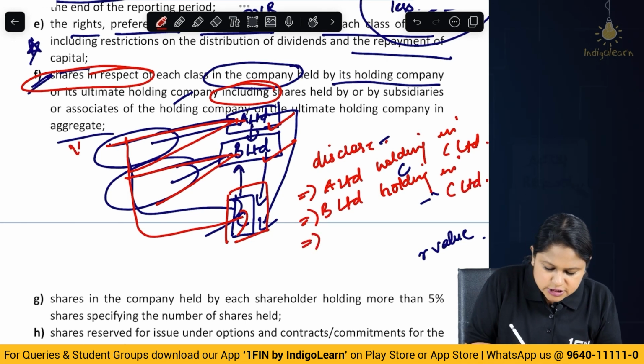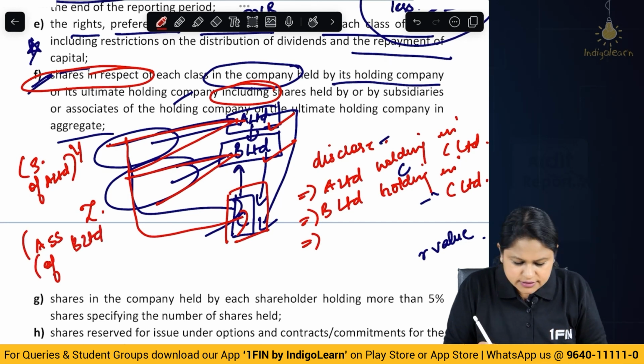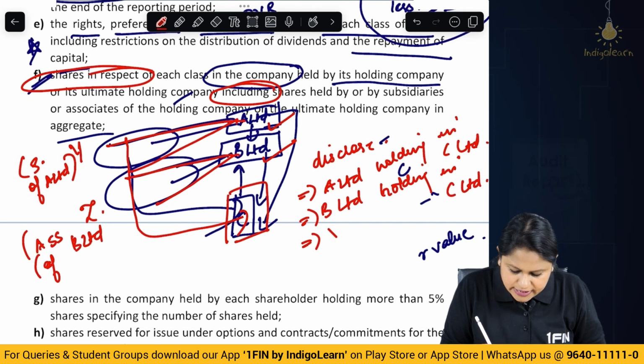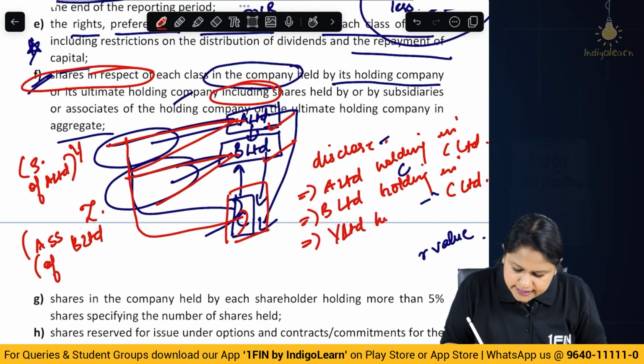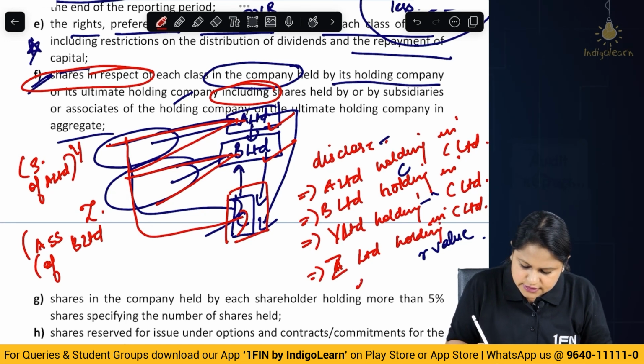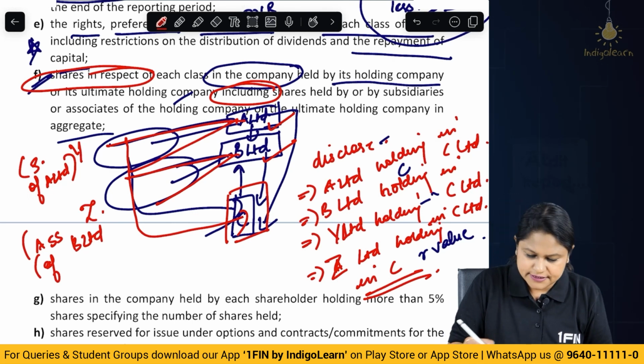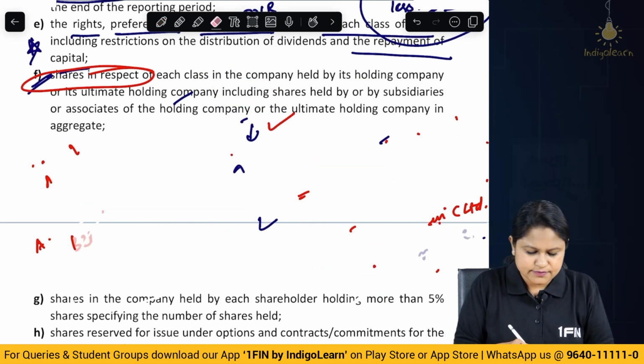Then assuming Y and Z, where Y is a subsidiary of A Limited and Z is an associate of B Limited, then we should also mention how much Y Limited is holding in C, and also how much Z Limited is holding in C. So this much combination you have to understand, just to understand properly about this related party purpose.